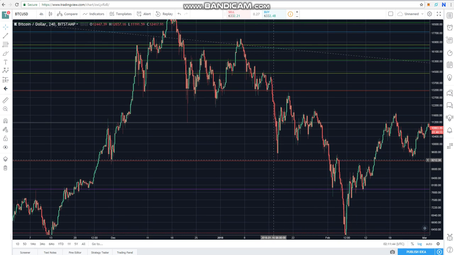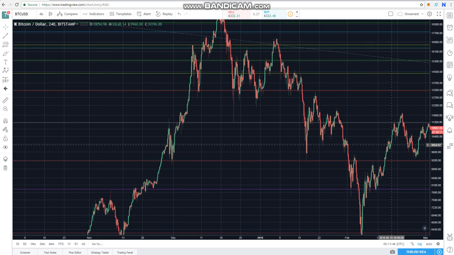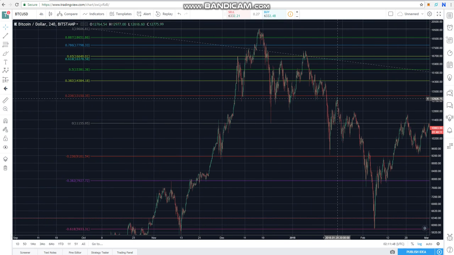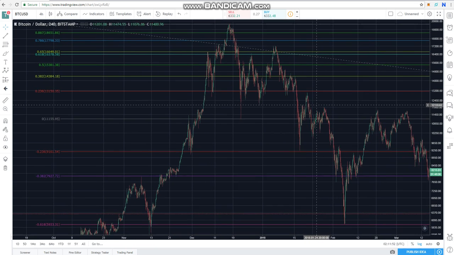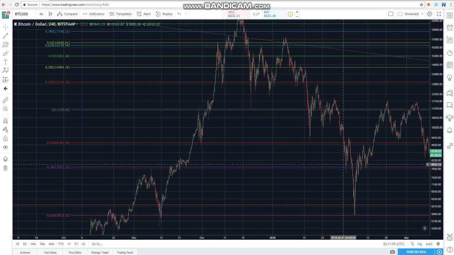You can see right over here, and then it bounced off of that and then went on to the 0.236 again, and then bounced off of that and then went down to the negative 0.382, and then bounced off and then went on to the negative 0.236, and then went down to finally the negative 0.618.